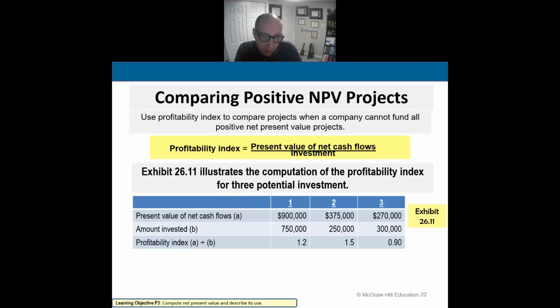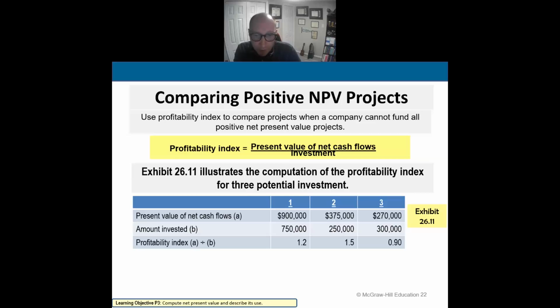And so the example below illustrates three potential investment opportunities into machinery. So the cash flow divided by the investment gives the profitability index.